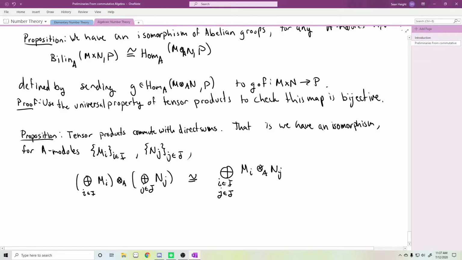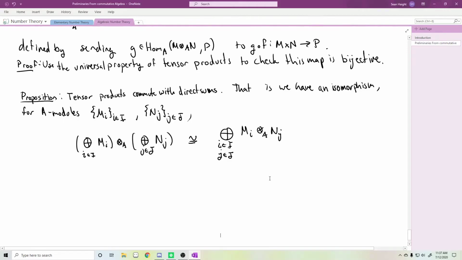One way to say this is that tensor product is bilinear in both factors, so I can factor out, bring the sums outside in both instances, and get a sum of tensor products rather than a tensor product of sums.